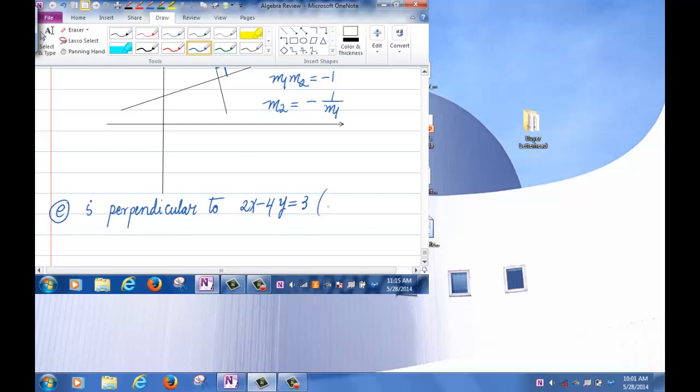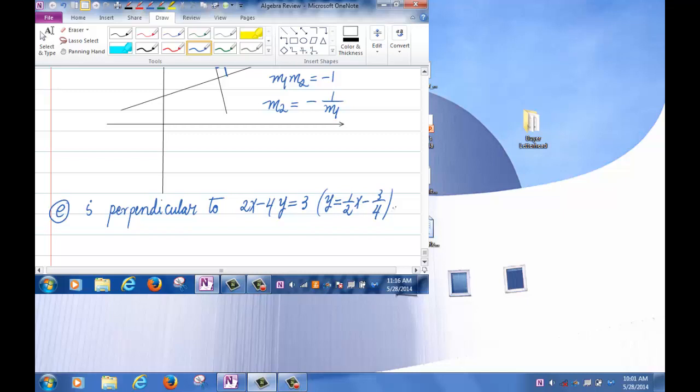And remember, we rewrote this equation as y equals what? y equals (1/2)x minus 3/4, right? So in this case, what would be the slope?